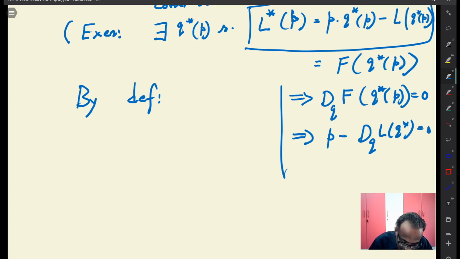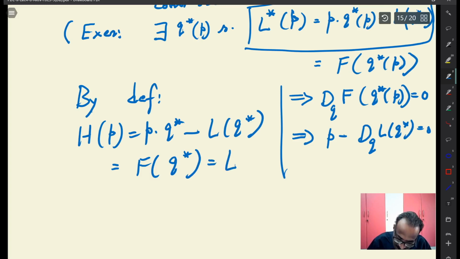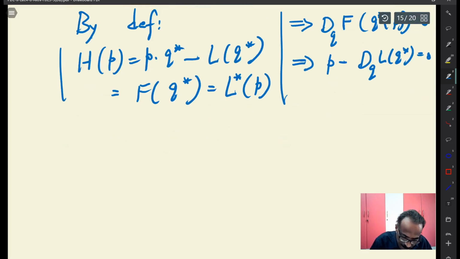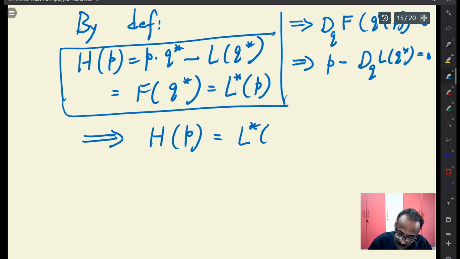So by definition, your H of P is nothing but P Q star minus L Q star, and that's nothing but your F at Q star, and F at Q star is nothing but L star of P. So that implies your Legendre transformation H of P is equal to L star of P, the Legendre transformation.